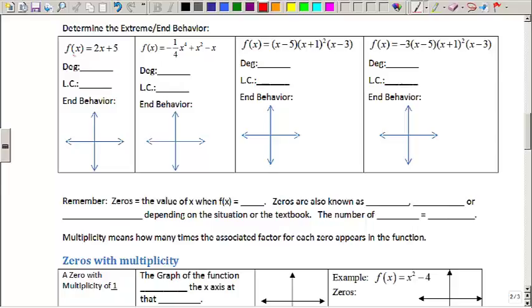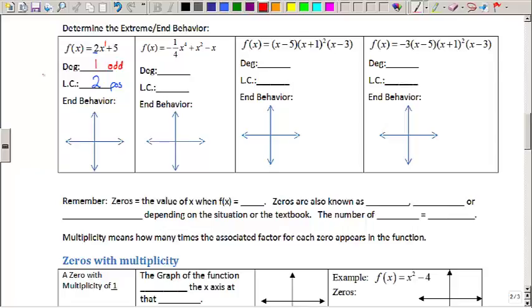So for the first function, f of x equals 2x plus 5, the degree is 1, and my leading coefficient is 2. Now, a degree of 1 tells me that's an odd degree. The leading coefficient of 2 tells me it's positive. So I need to remember from the chart, what does an odd degree look like?